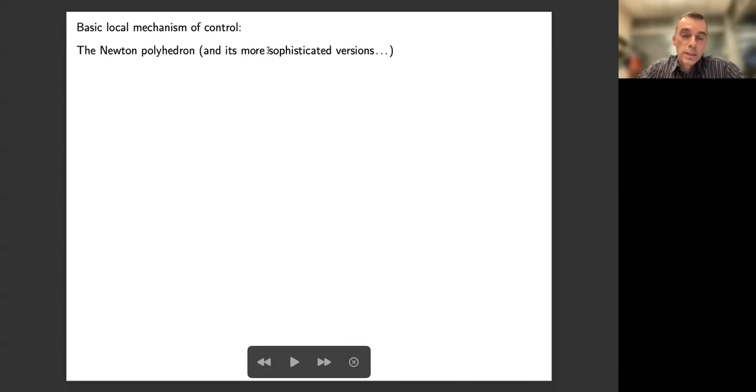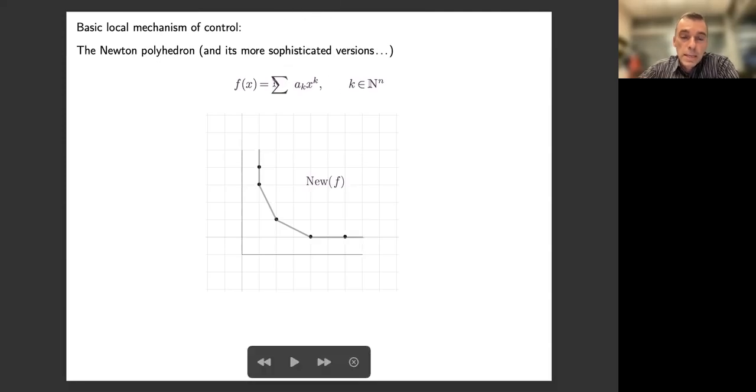The Newton polyhedron is the basic construction, and there are much more sophisticated versions right now, but basically you expand your function in Taylor series, and then you consider the n-tuples of integers k such that the coefficient a_k is non-zero. Then you plot them in n-space, you take the convex envelope, and you have this drawing here.